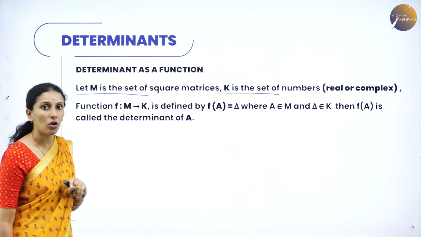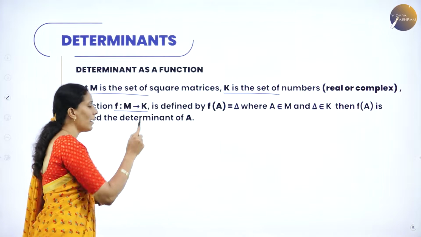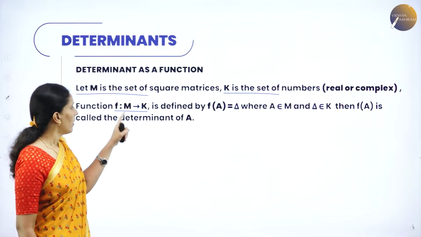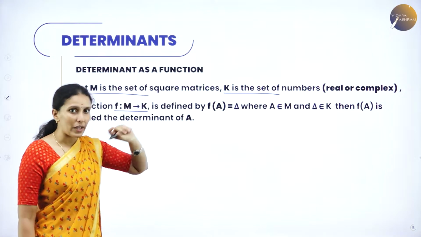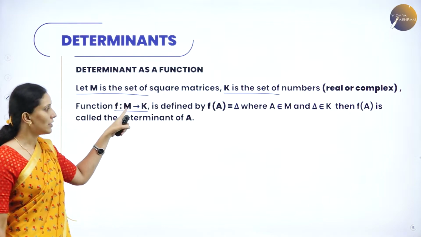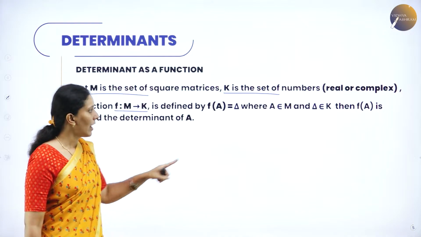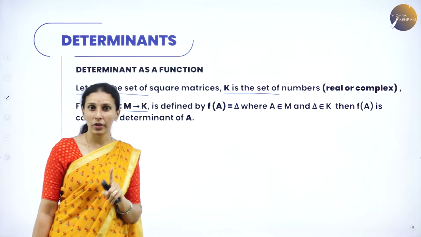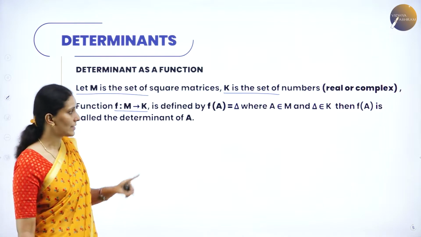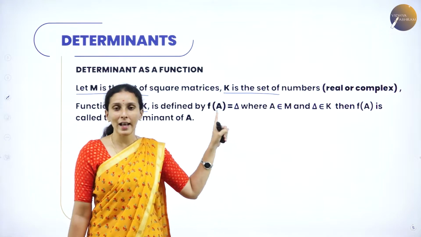It may be real or complex also, and it is denoted in the form of a function M to K, where all the values of A are matrices. So, A belongs to the set of all square matrices, that is A belongs to M, and the value delta belongs to K, where it may be real or complex. Hence, it is a function from M to K where f of A is delta.